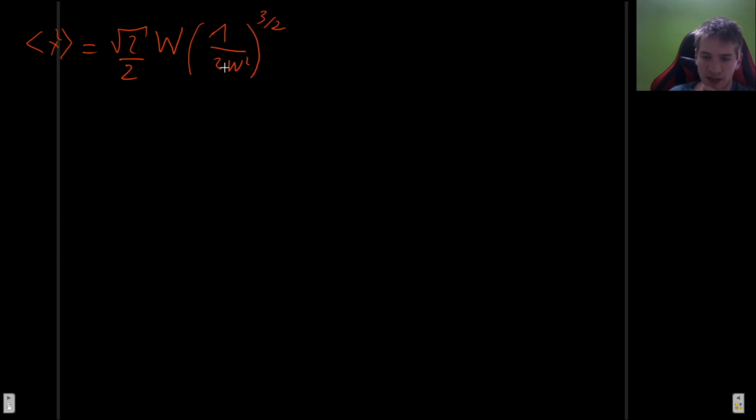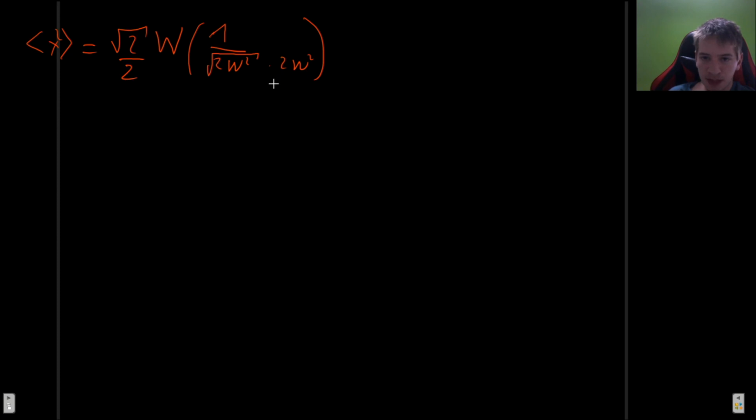It was negative, but that's why I just wrote 1 divided by. Now we just have to simplify this. Whenever I have something to the 3/2 power, I like to write it down as that squared multiplied by that without the square. It's the same, that is to the 3/2 power.